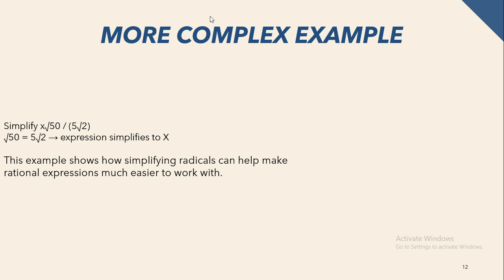Now, substitute this back into the expression. We get x times 5 square root 2 divided by 5 square root 2. The 5 square root 2 cancels out completely, leaving us with just x. This example shows how simplifying radicals can help us make rational expressions so much easier to work with.